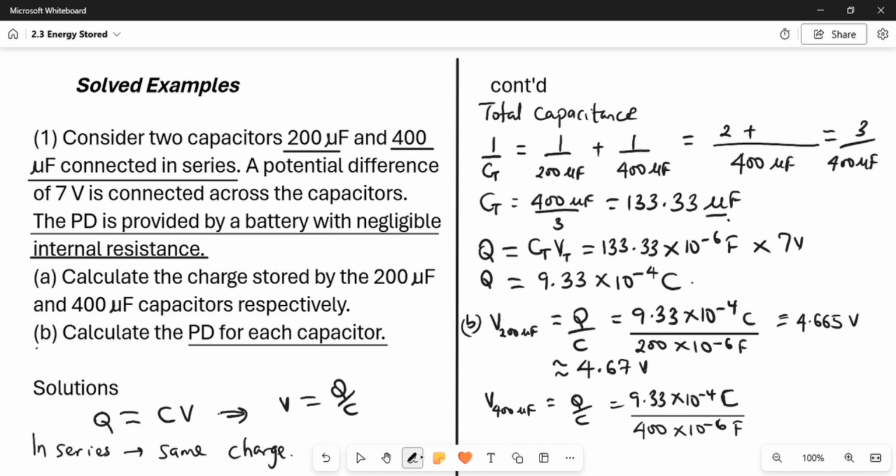This leaves us with a potential of 2.33 V. If you check and add both of them, it will give us approximately 7 volts.